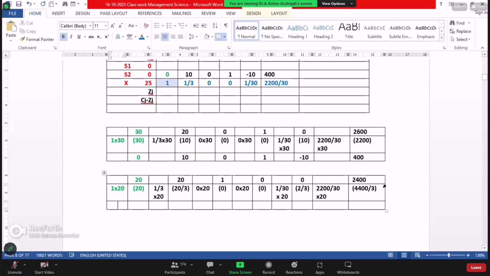Minus it 2400, 2800 also is taken minus it.